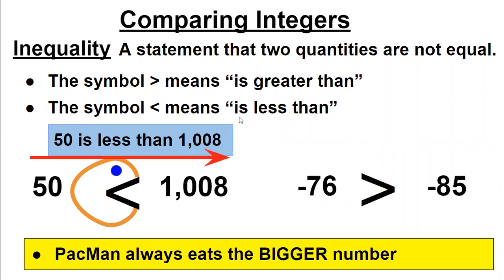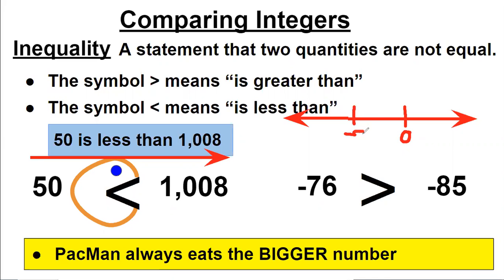Negative 76 is greater than negative 85. You might be saying, how does that work out? How can negative 76 be greater than negative 85? Well, think about it this way. Need an arrow on both sides, actually. Both ways here. Our number line, right? So on our number line, if let's say this is 0, and we're going to get farther from 0 going to the left, right?